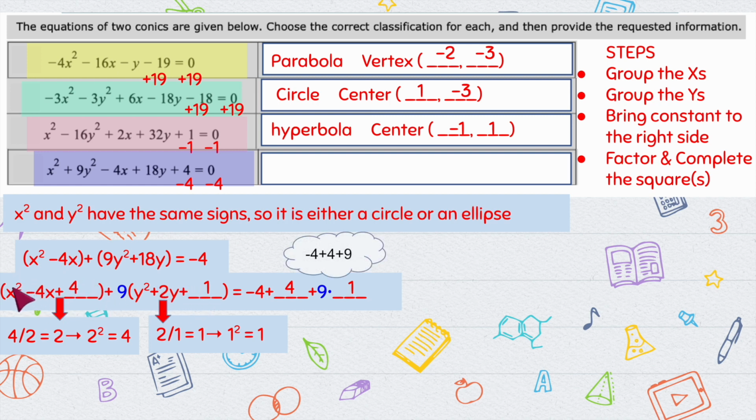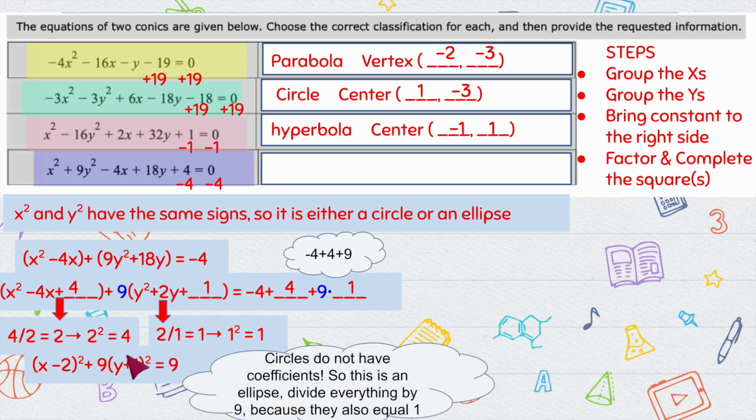So I have x minus 2 squared for this first one because it's minus in the middle, and then these are all plus, so it's y plus 1 squared. And again, they equal 9. They do not have coefficients at all, right? So we're going to divide by 9 on both sides.